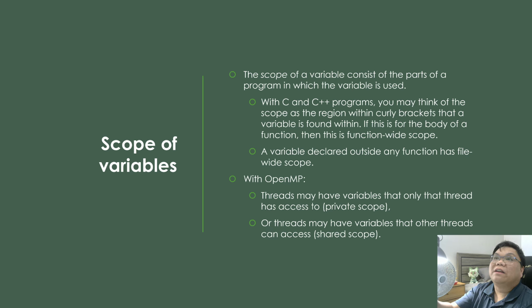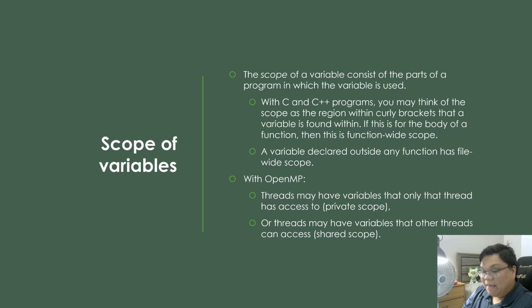If you have another region of curly brackets, you can use that same variable in there, unless you have some other variable with the same name. Then it's going to be that variable that's used instead. Thinking of scope as the region bounded by curly brackets only works if your programming language has curly brackets to begin with.